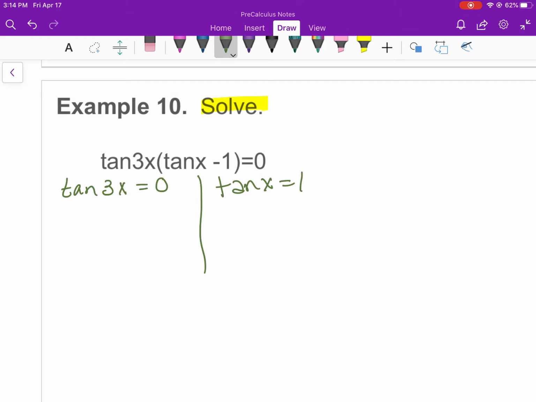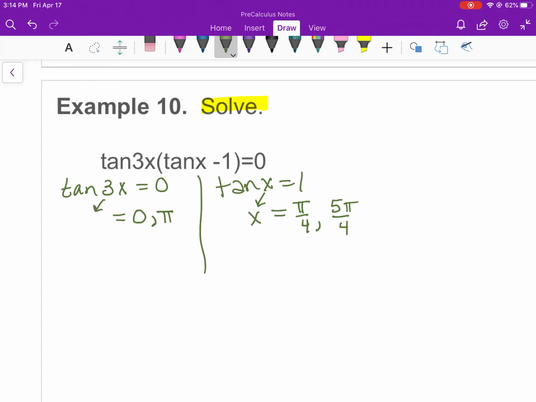Again, we're going to leave the 3x alone, and where is tangent equal to 0? Tangent is equal to 0 when y over x is 0, and that's at 0 and pi. When is tangent equal to 1? That's at pi over 4 and 5 pi over 4. And this is just x.